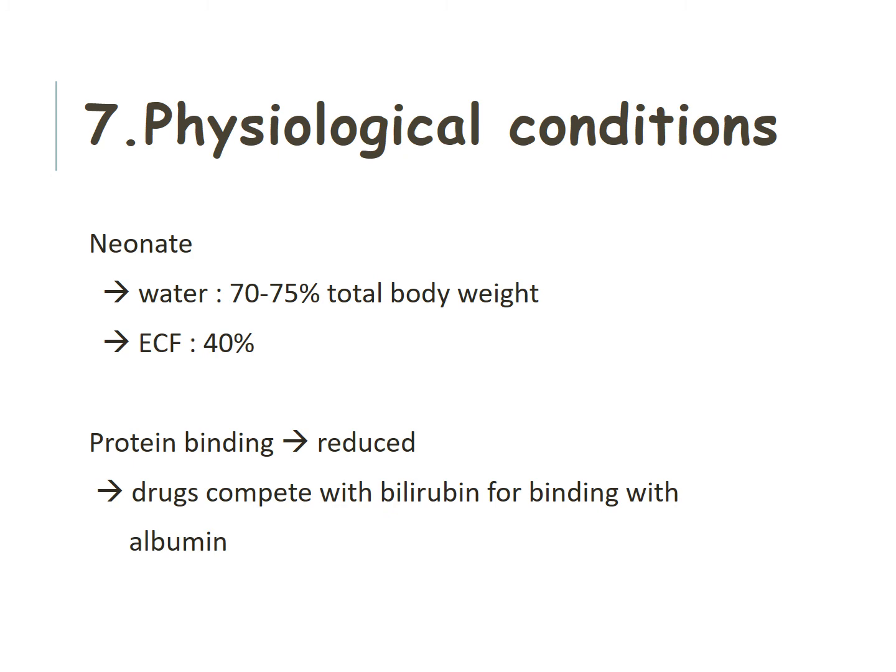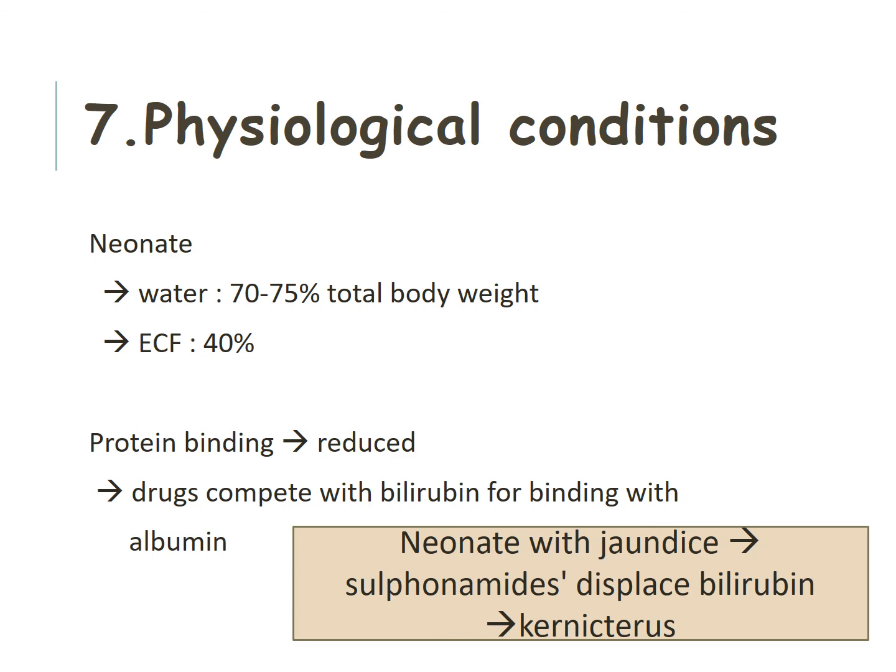The drugs compete with bilirubin for binding with albumin. For example, in neonates, the drugs compete with the bilirubin for binding with albumin. Bilirubin also has a binding property to albumin, and normally it attaches to protein.